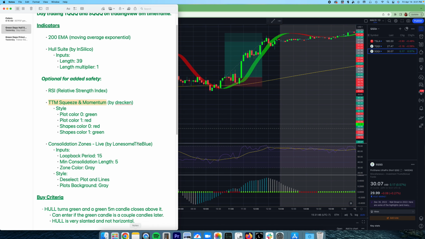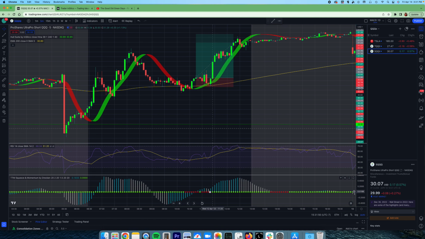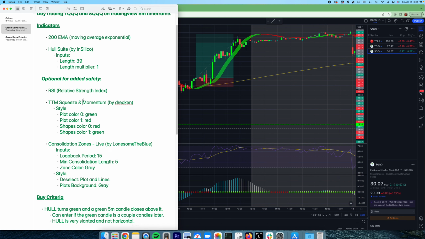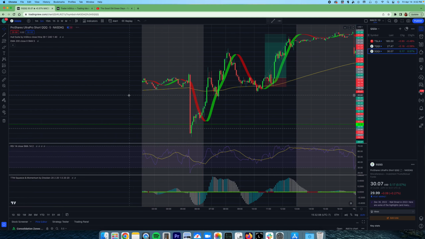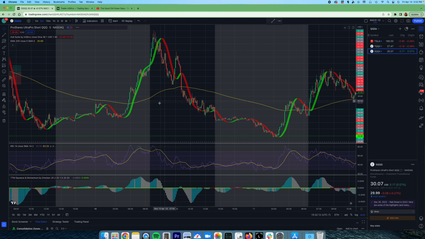So for the TTM Squeeze, I just make sure that it's green and the little line is pointing above the 0 line. That's another confirmation. And this is just changing the colors if you want to do that under the settings. And then Consolidation Zones Live, this is great. So the strategy doesn't work when the market is consolidating.